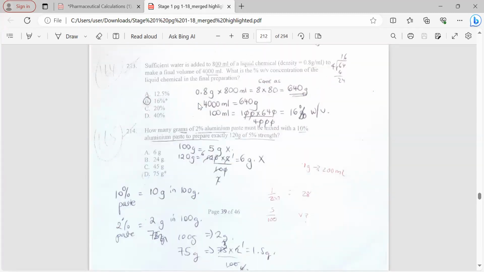Then how many grams of 2% aluminium paste must be mixed with 10% aluminium paste to prepare exactly 120 grams of 5% strength?